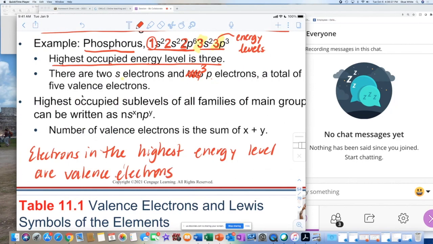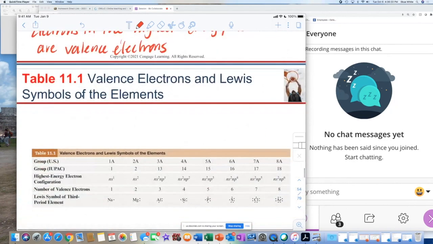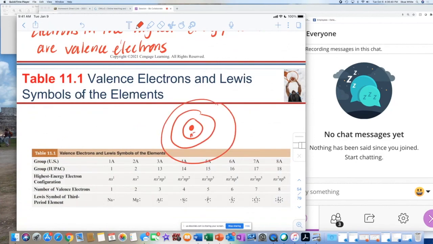The electrons in the higher energy level tend to be the ones that are far away from the nucleus. Going back to Bohr's model, just in case you're wondering, Bohr's model said you had a nucleus, you had different energy levels, and he labeled them N is 1, N is 2, N is 3, N is 4. So if you have electrons in the highest energy level in the ugly picture I drew here, the electrons will be somewhere on that row, which would be N is 4, right?